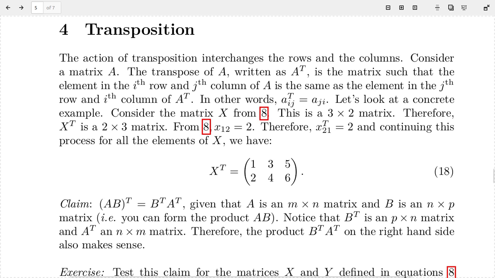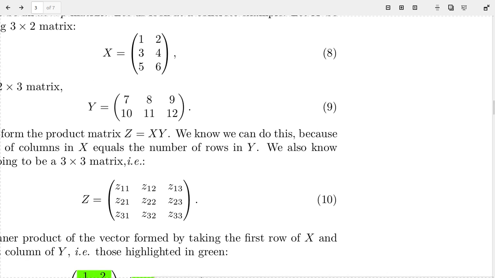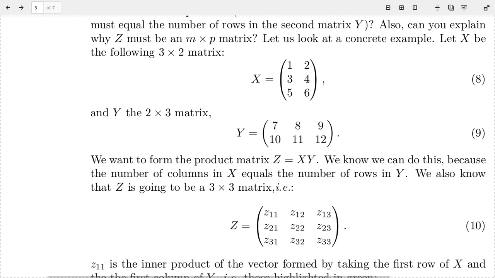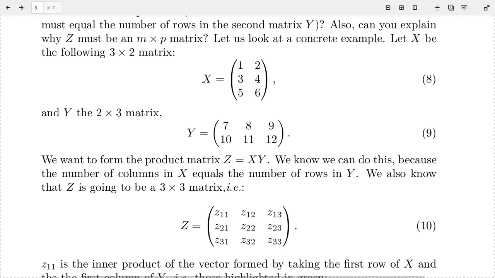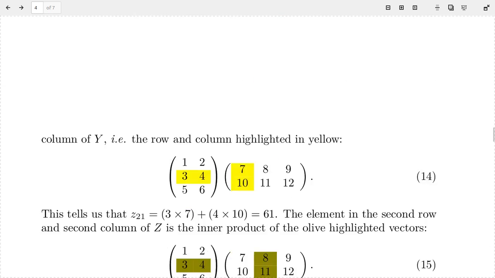So for example, if you take the matrix X that we have already defined in equation 8. Remember this matrix? We've already defined this. X is a 3 by 2 matrix. Now, when we transpose X, we get a 2 by 3 matrix, right?